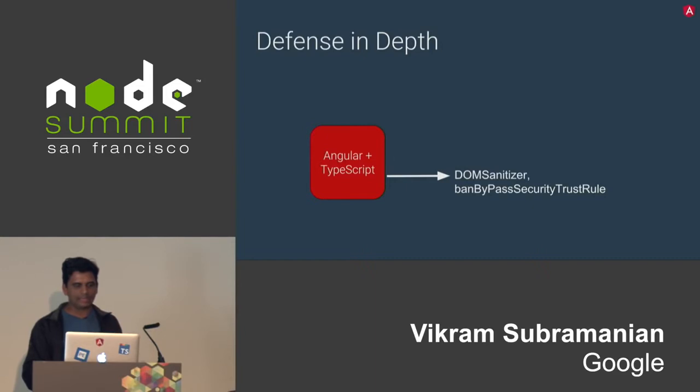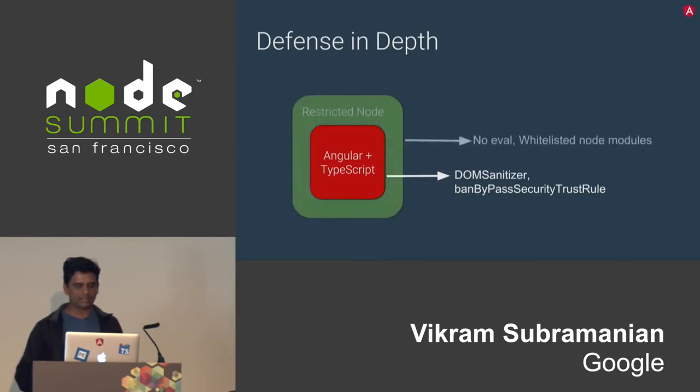So the next layer is what we call the restricted node. We decided not to run vanilla Node.js, but to build our own version of Node where we could disable eval and we could whitelist the Node modules that can be loaded during build time.